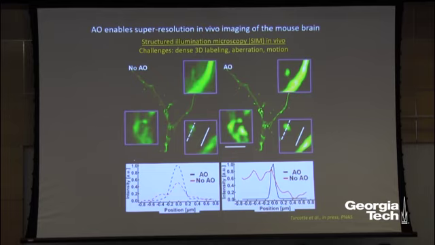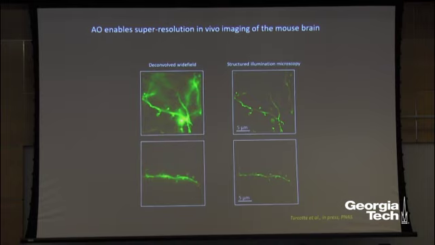And in another example, here is a spine head. Without the adaptive optical correction, you see this kind of weird ghost image of the spine head. But after correction, now you see a very sharp image. Just to show a few more in vivo examples, here again are two examples.